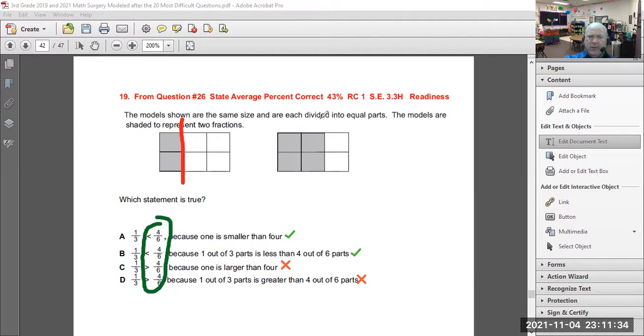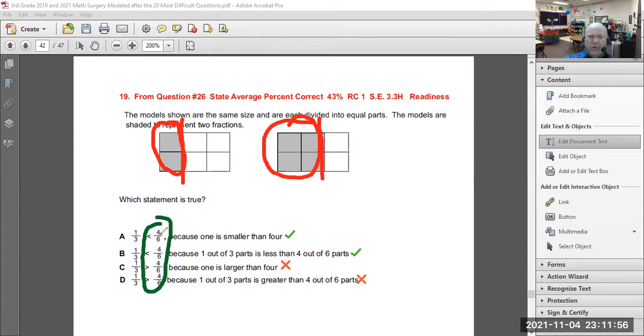And let's see the other one. There's 1 group there. Let me show you. This is 1 group only. And this is 2 groups. And that would have been 2 out of 3.